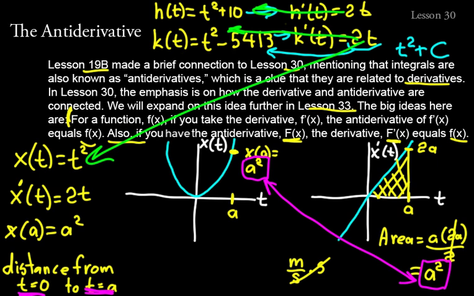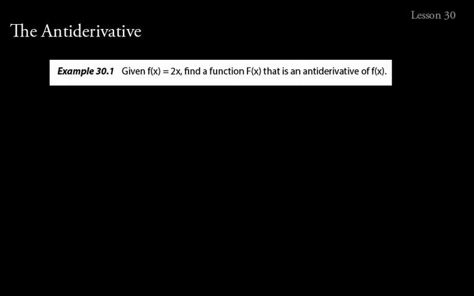That's why we say t squared plus c is the antiderivative of 2t. Some things are just better understood if you just do them sometimes. So keep coming back to that idea, thinking about how x of t and x prime of t are related to each other.